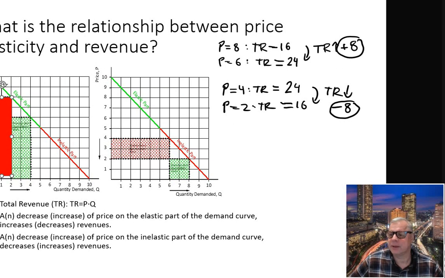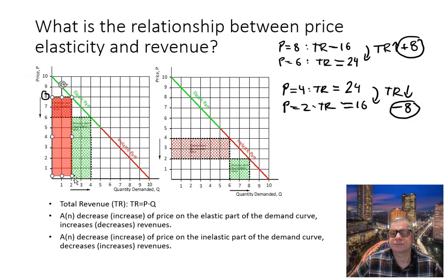Okay, let's make that a little bit transparent. So this is the total revenue associated with the price of 8. At the price of 6, total revenue is this.